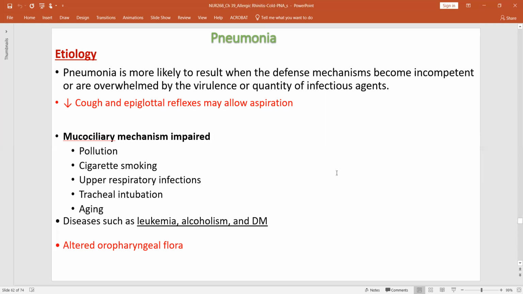Age as well. With elderly patients in nursing homes, we should be careful when we feed the patient. Any coughing is a sign of aspiration or dysphagia, which sometimes will result in aspiration pneumonia.